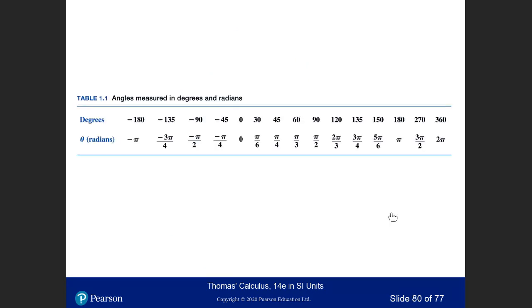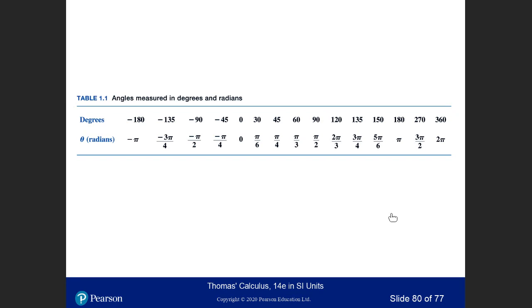These are some typical numbers, angles measured in radians and degrees. Pi radians is equal to 180 degrees. In which way you define theta is important.